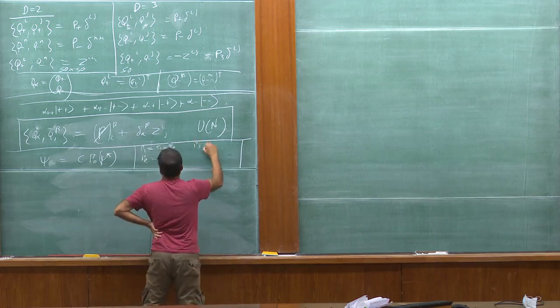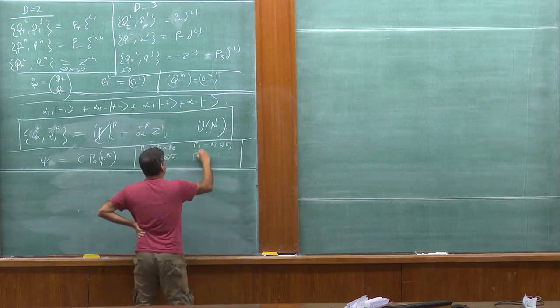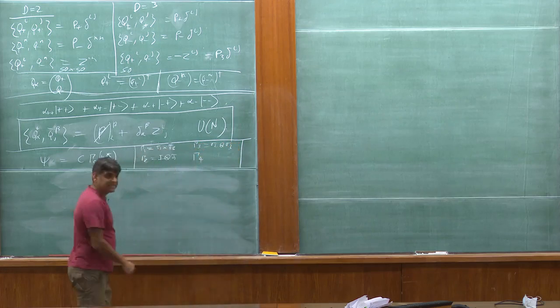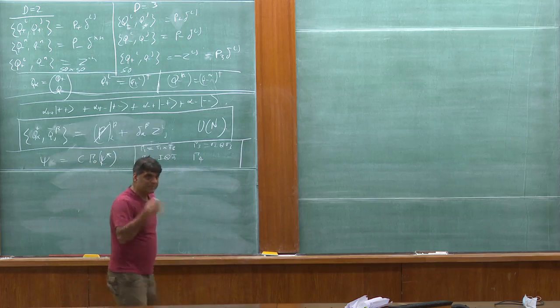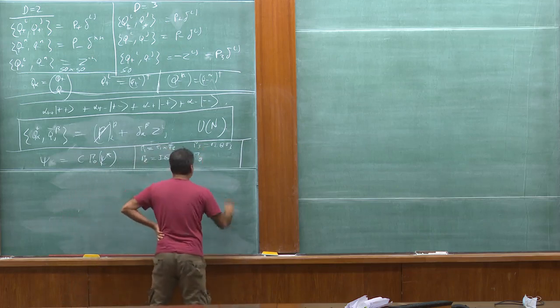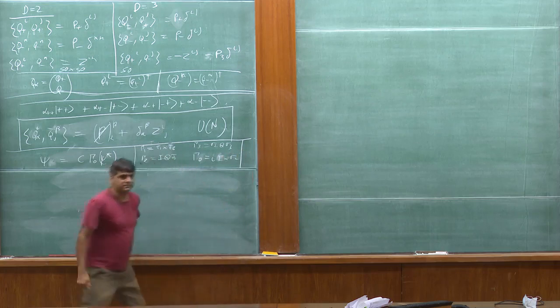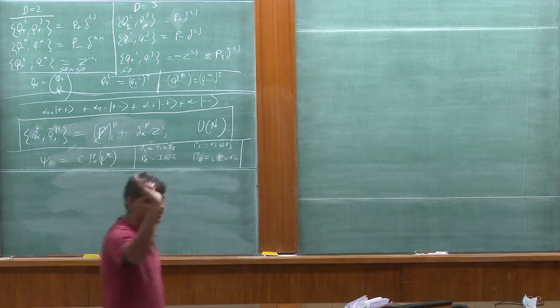Gamma 3 was equal to sigma 2 times sigma 3. And gamma 4, this is the guy we wanted to continue to gamma 0. So gamma 0 was equal to i times identity times sigma 2. Right? I'm doing Lorentzian. We worked out Euclidean last time, in the last class.